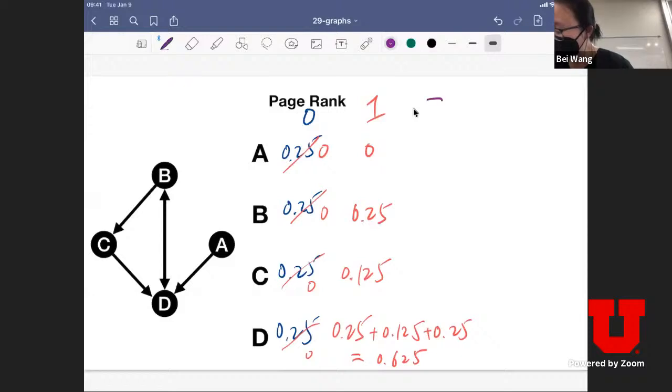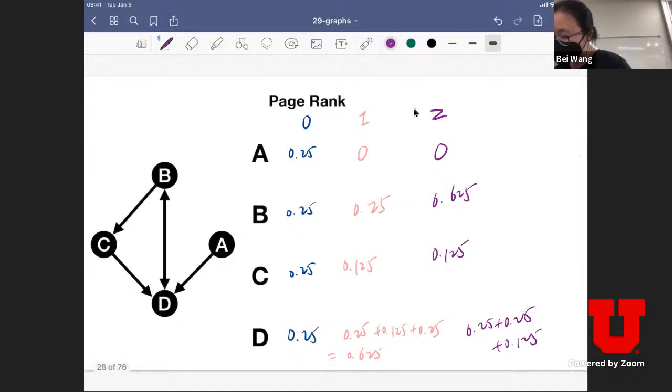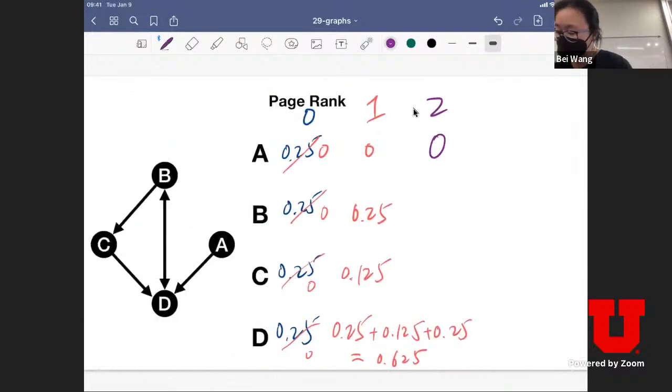Next iteration, because A no longer has any mass, I'm just going to ignore it. Again, I'm going to start with B. B has mass again. Oh, sorry, I need to correct myself. B's mass is actually 0.25, yes. So B's mass now goes to C and D. So you can redistribute and iterate my process.